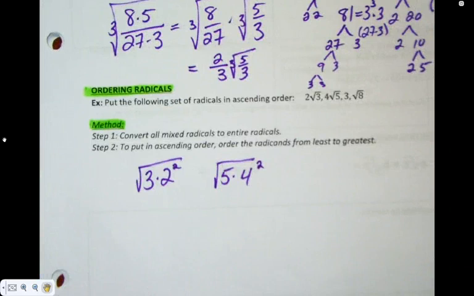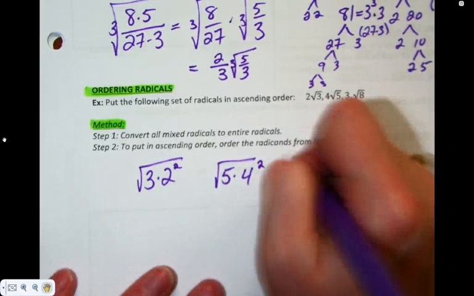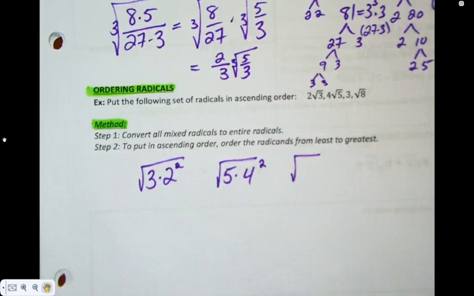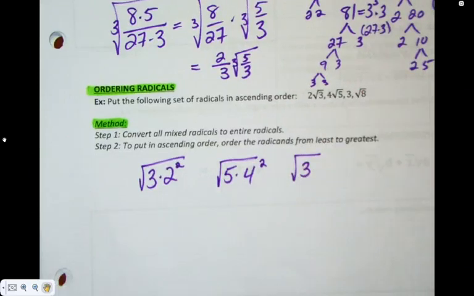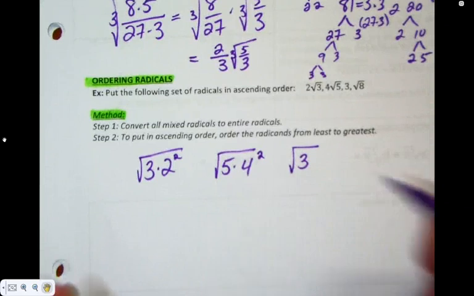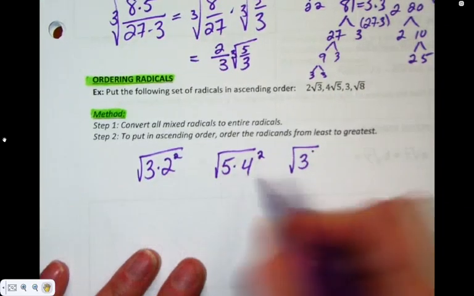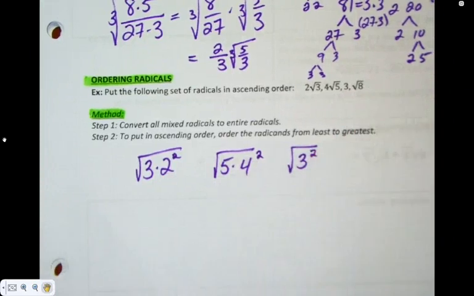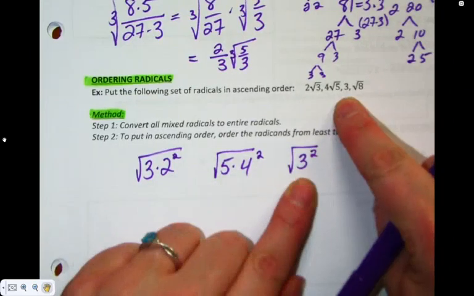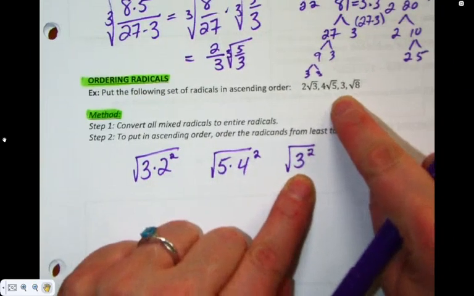For the 3, I'm going to put it under a root. There just happens to be nothing else there, and I'm okay with that. So I'm going to shove 3 under the radical and give it the exponent of 2, since I gave the others a 2. So if it's just a number, we're doing the same process. There's just nothing else hanging out there.